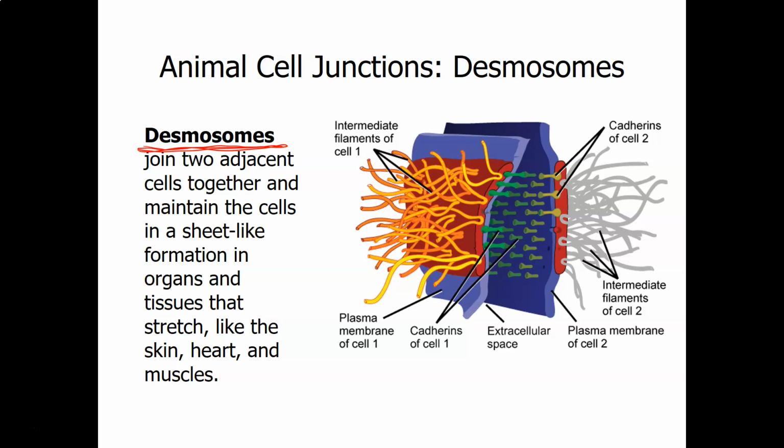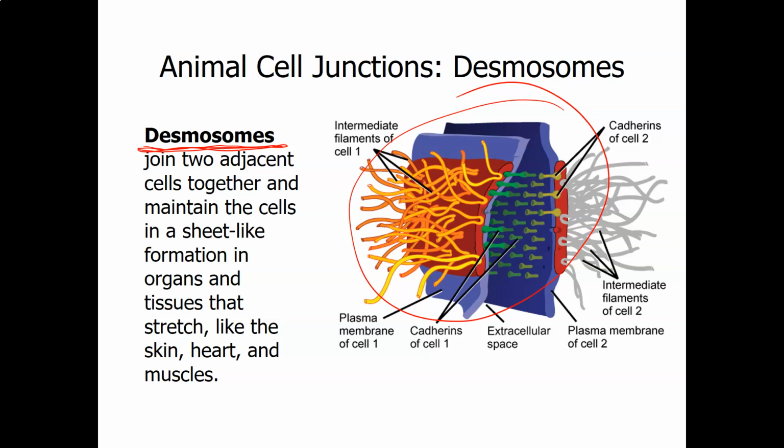If you are lighter skinned and you've ever been sunburnt, and later on the after effects are that you shed some skin, you peeled your skin off in sheets. It didn't come off one cell at a time. And that's because our skin cells are held together by desmosomes. That's a very strong connection that holds our skin cells together.